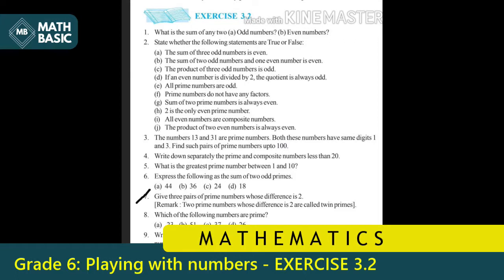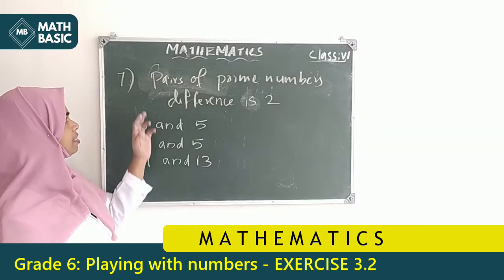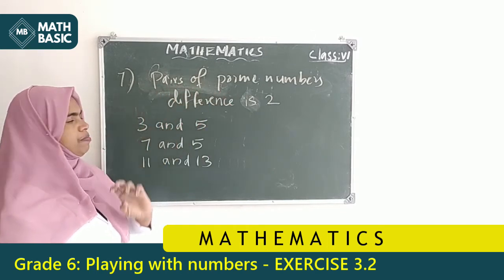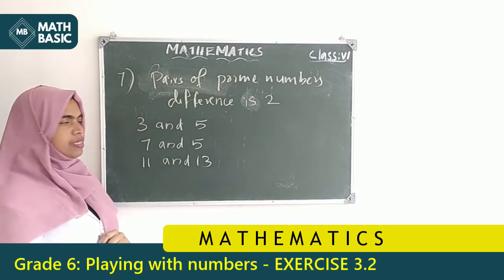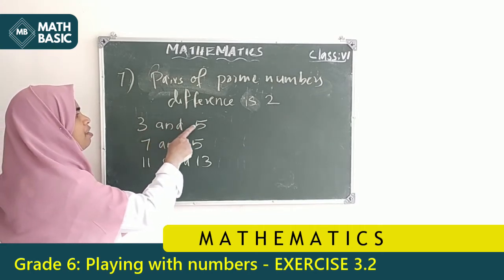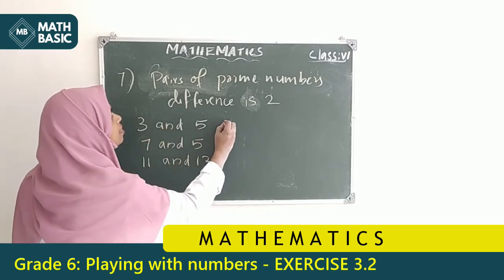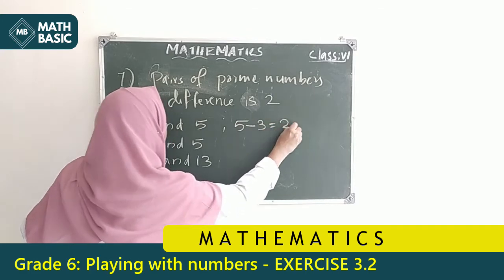Question number 7. Give 3 pairs of prime numbers whose difference is 2. See the answer. 3 and 5 are prime numbers, and their difference is 2, that is 5 minus 3 equals 2.